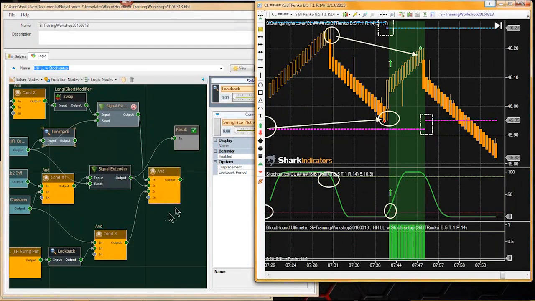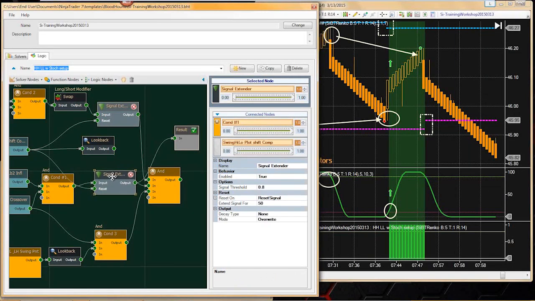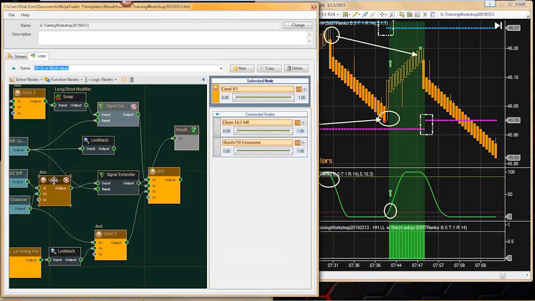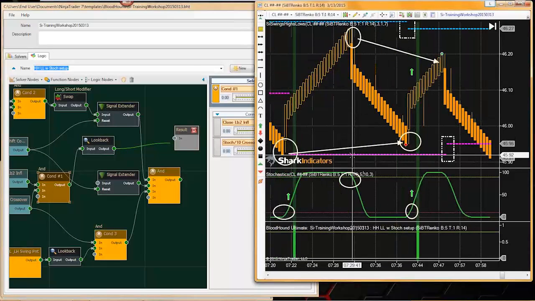You know what? I can think of an easy trick to do right off the bat. Remember we were using this look back to shift a signal forward a couple bars. So how about if I use that for condition 1? I'll take condition 1 and plug it in here. Let's take a look at that.